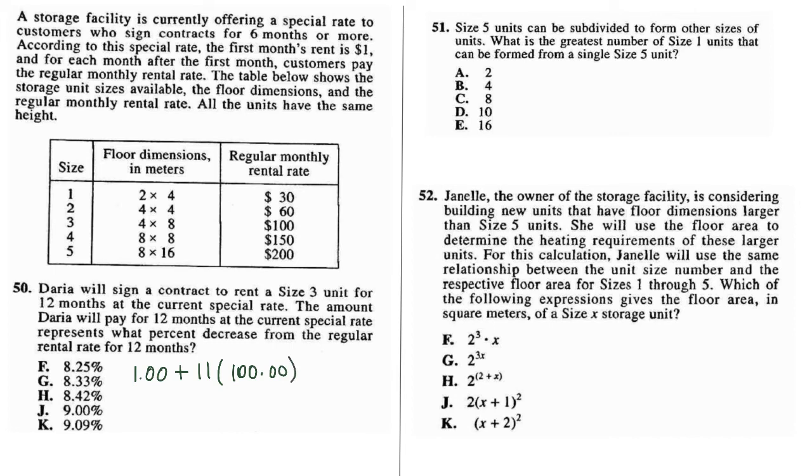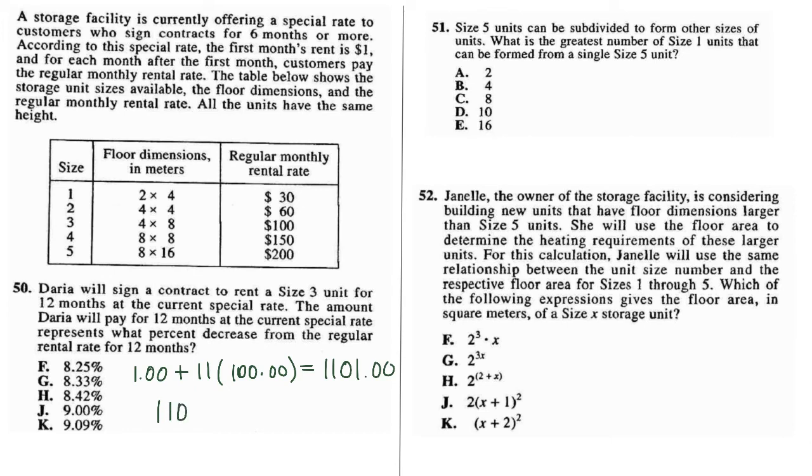Okay, so that looks like we're going to get 1101. And we want to know, Daria will pay for 12 months at the current special rate represents what % decrease? Well, what would it normally be? Normally it would have been $1,200. So let's find that percentage.